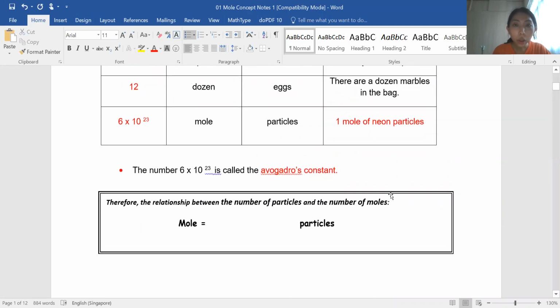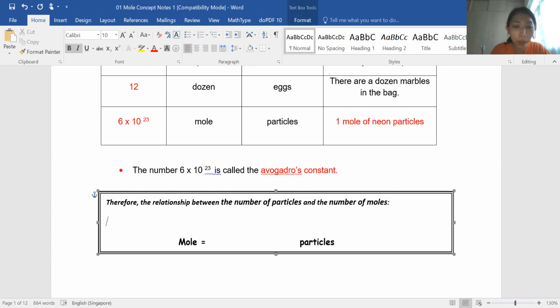All right, so if 1 mole gives me 6 times 10 to the power 23 particles, this means that the number of moles equals the number of particles divided by 6 times 10 to the power 23. Let me write it down here so it will be easier for you to see. 1 mole is 6 times 10 to the power of 23 particles.